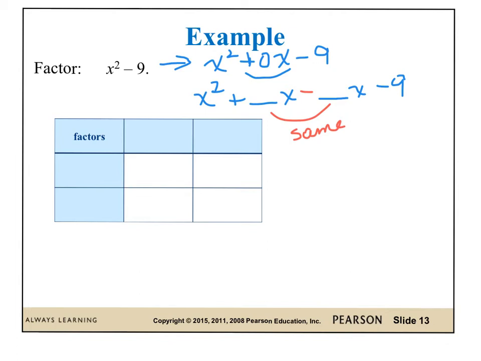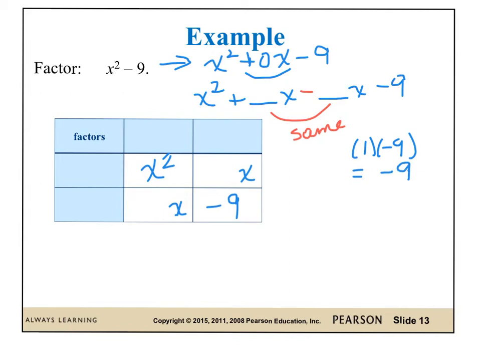So the way that we're going to do this is I'm going to go the usual way. We have a first term and a last term, x squared minus 9. We know that the x squared means there's going to be an x in each of those two boxes. So 1 times negative 9 is equal to negative 9.